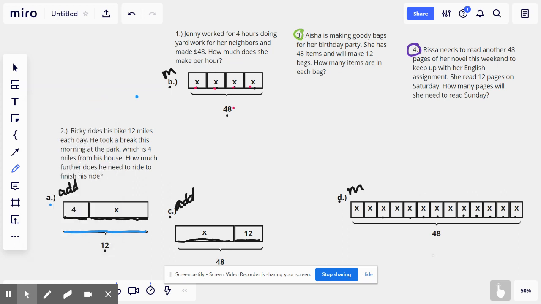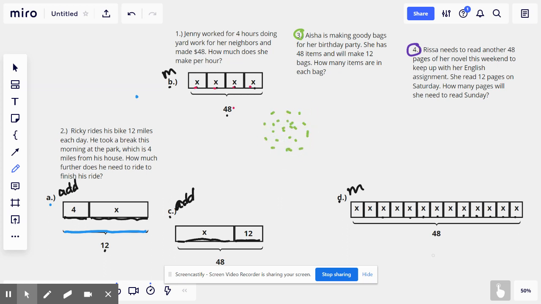Okay, number 3. Aisha is making goodie bags for her party. She has 48 items, and she's going to make 12 bags. So how many items are in each bag? I'm kind of picturing her, and she's got a bunch of items. I'm not going to count 48, but I'm just going to estimate.